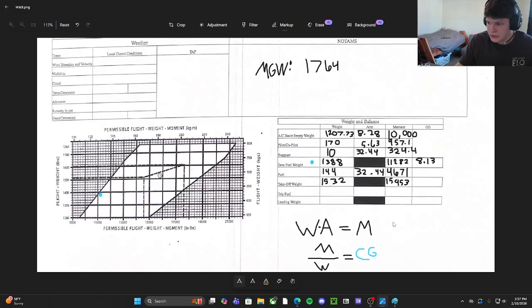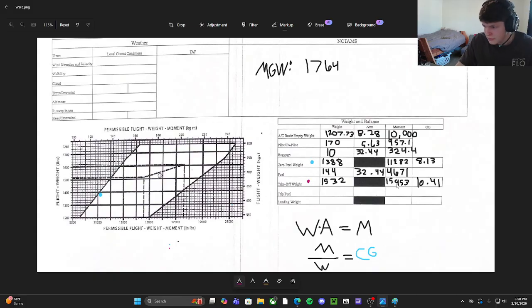Cool. Now in order to get my CG, I just do that moment divided by the weight. So 15,953 divided by 1532, it's going to come to around 10.41.